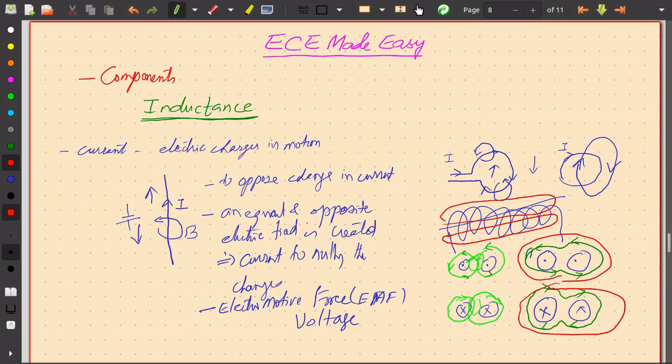And the more magnetic field produced, the more these effects are found, and this is the concept of inductance.